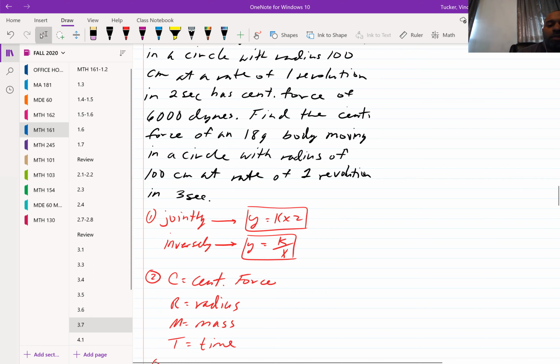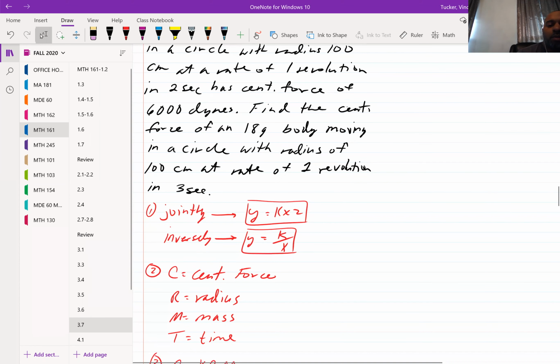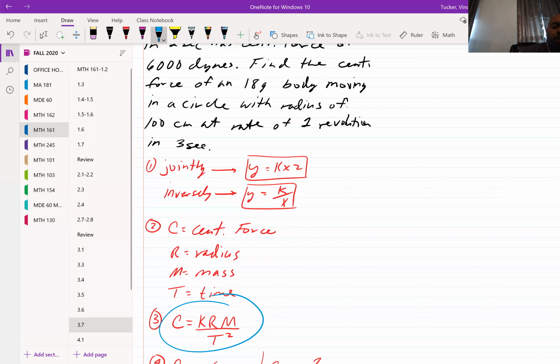All right, we okay, scroll up a little. So this is how we set up the problem right here. Remember, it varies jointly with the radius and the mass, and then inversely with the square of the time.